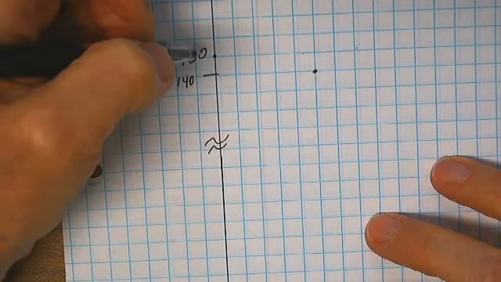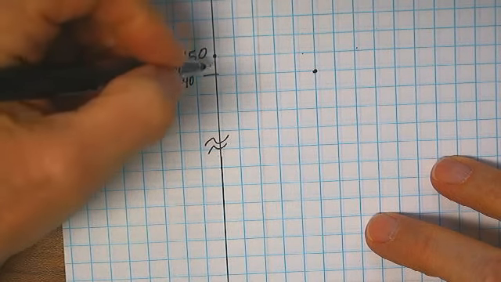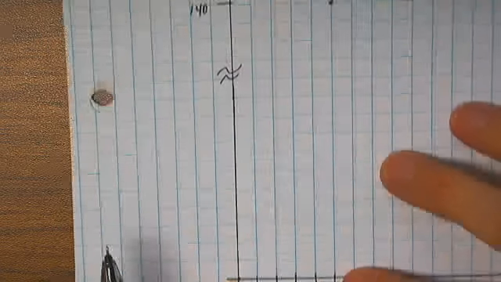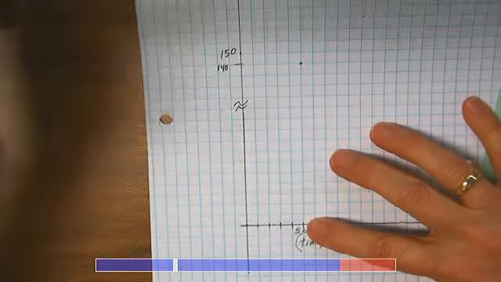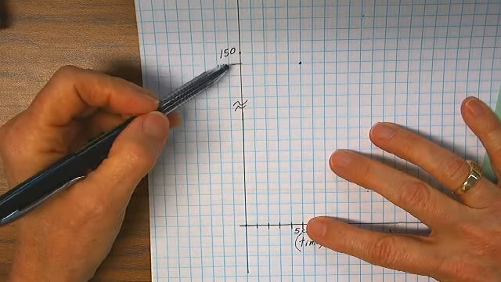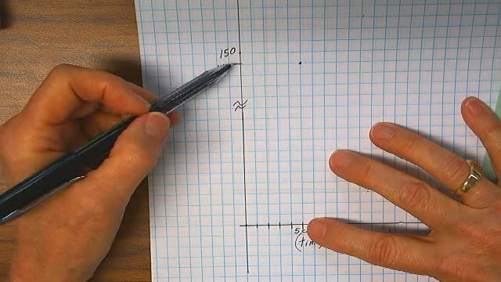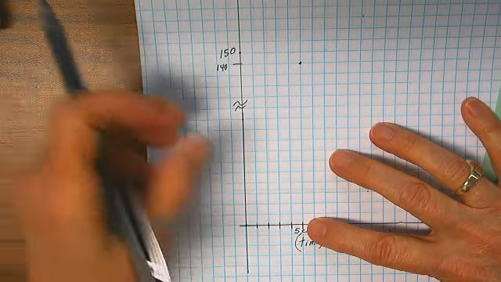It's going to be kind of a funny looking graph because my scales are not the same. For every 5 classes, I'm only using 10 pages, so the notebook will last a long time.